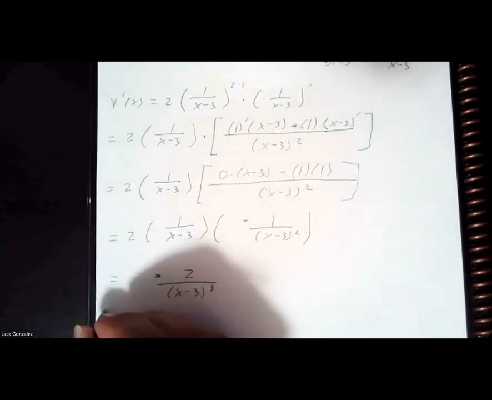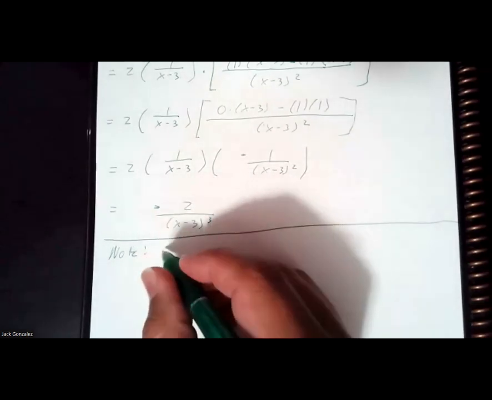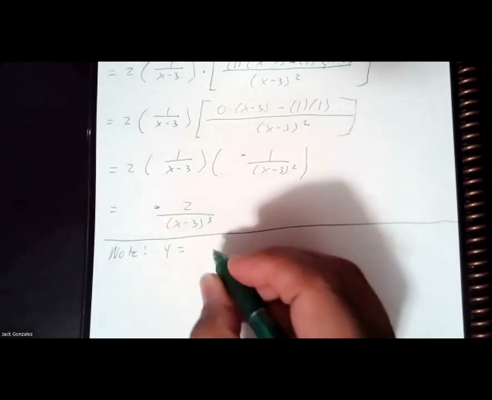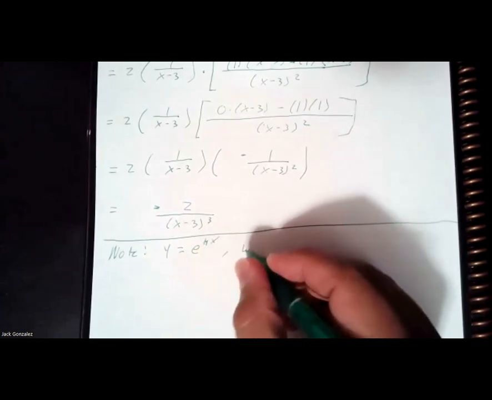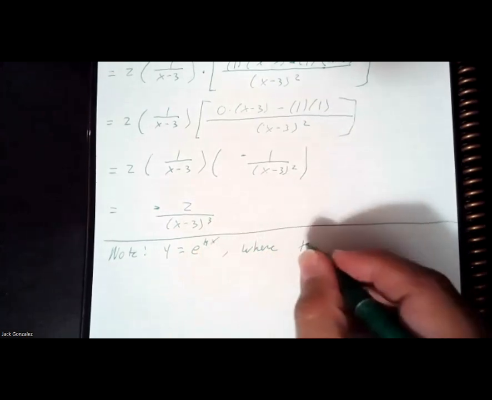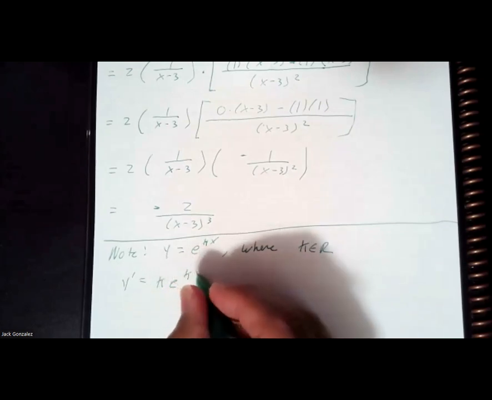A quick example. I think I gave this to you as a formula, but it comes from the chain rule. So we said that if y is equal to e to the kx, where k is just a real number, then the derivative would be that number times e to the kx.